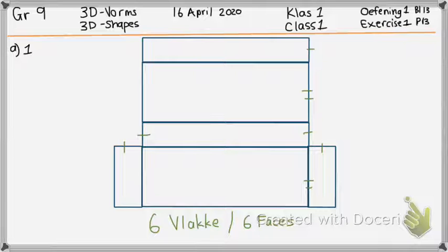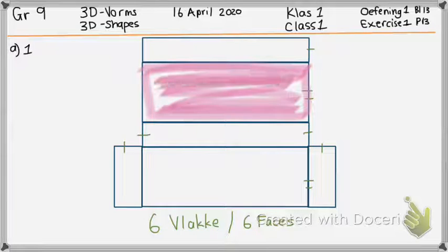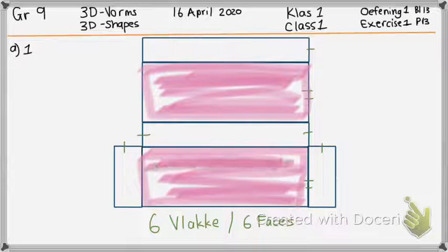So we are drawing a net of this rectangular prism. You can use any measurements, but I'll just point out the important stuff. The important thing is that this pink one has to be exactly the same size as that pink one.